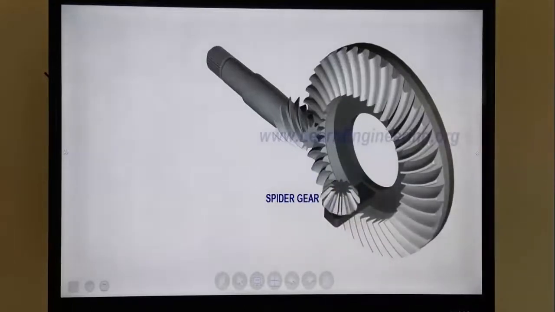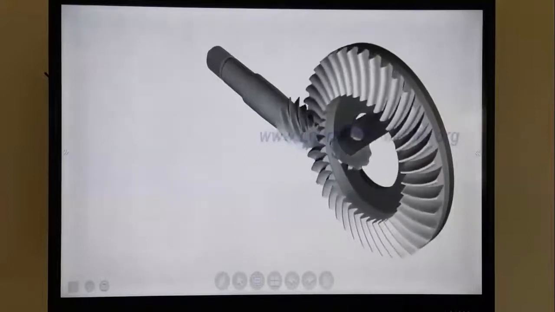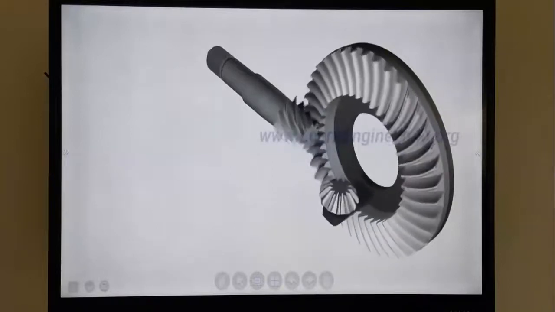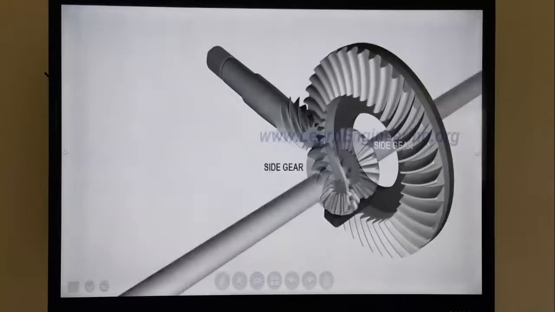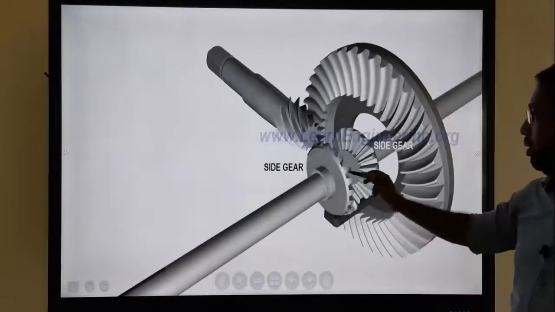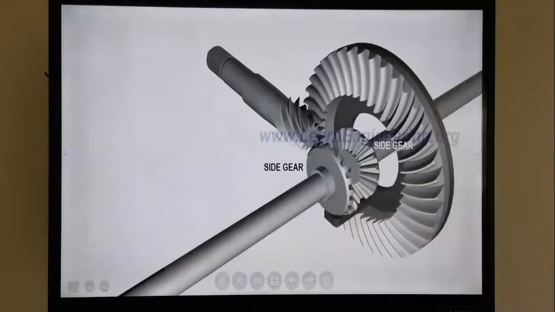So there are two kinds of motions it can produce. The second is spinning on its own axis. There are two side gears. Both side gears are meshed with the spider gear. This side gear is for the left wheel, this is for the right wheel.